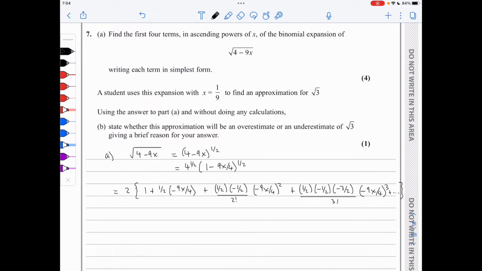So we've got the expansion. All that is missing is for me to simplify the terms.